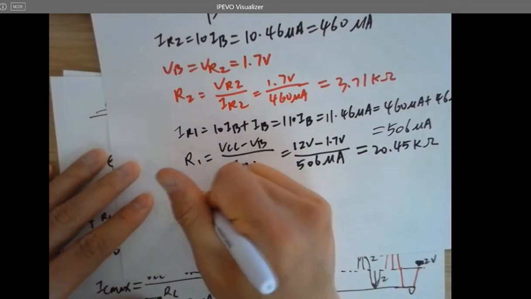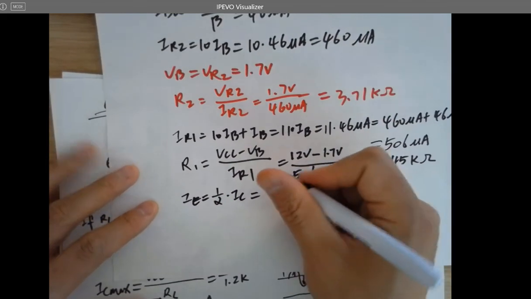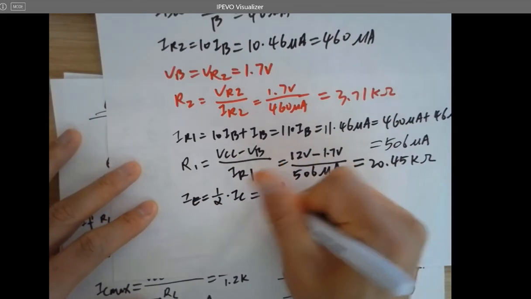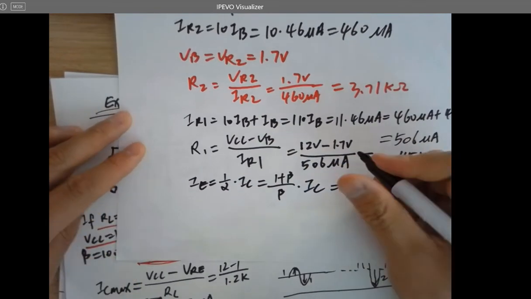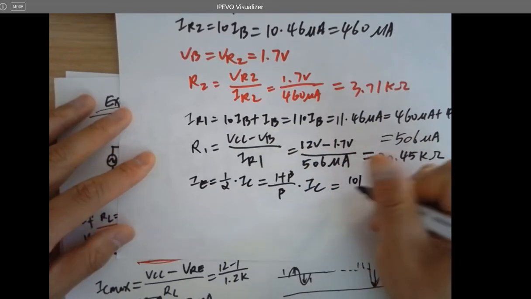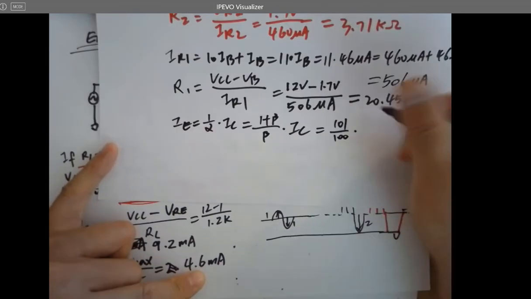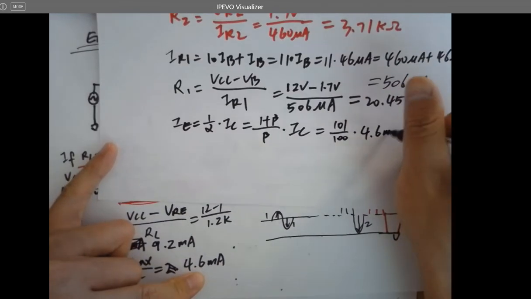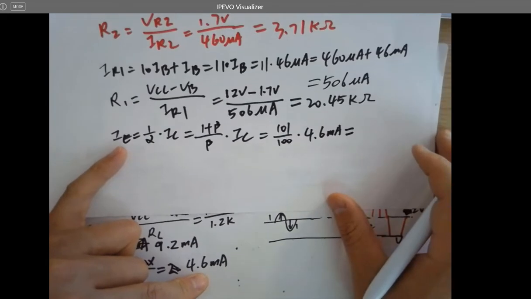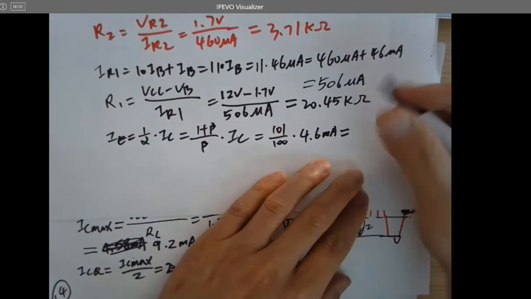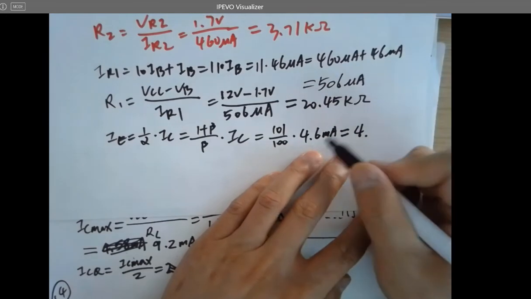Since IE is 1 over alpha times IC, which is 1 plus beta over beta times IC, it is 101 over 100 times IC, which is 4.6 milliamps. So IE is very close to this, right?